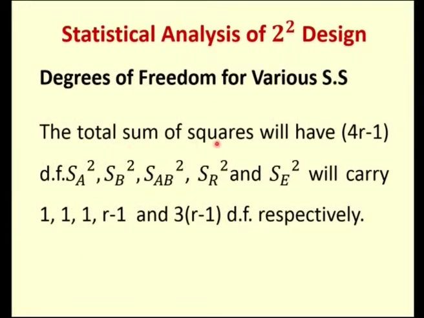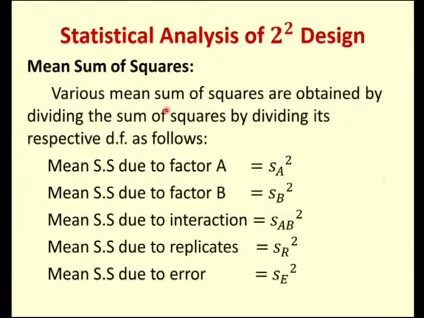The total sum of squares will have 4r - 1 degrees of freedom, and the sums of squares due to factors A, B and AB will have 1 degree of freedom each. The sum of squares due to replicates will have r - 1, since we have r replicates in total, and the error degrees of freedom is 3(r - 1).